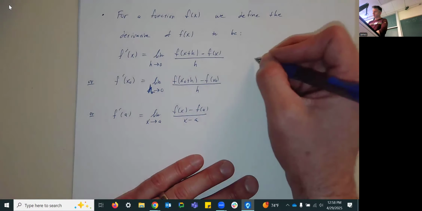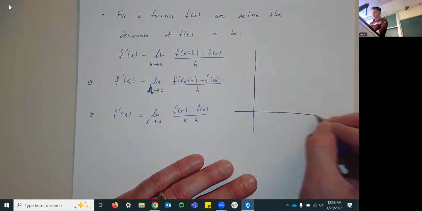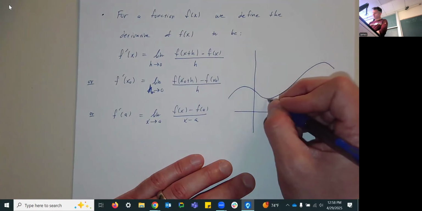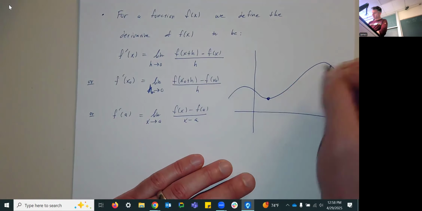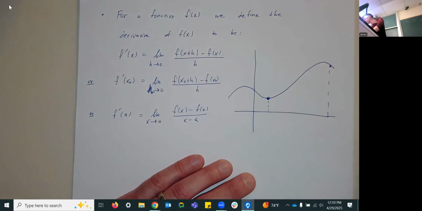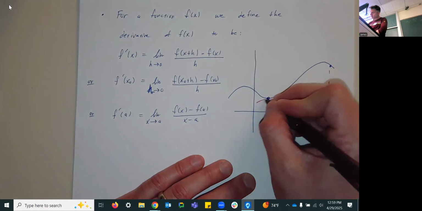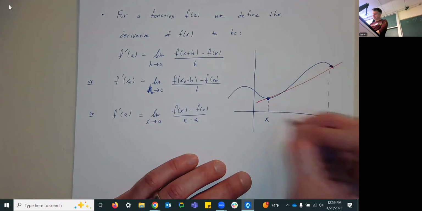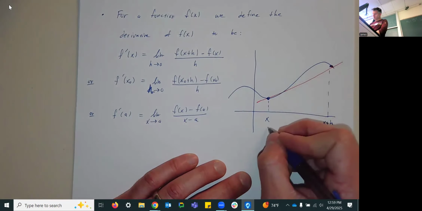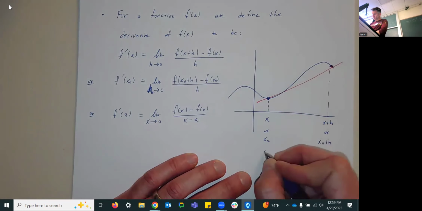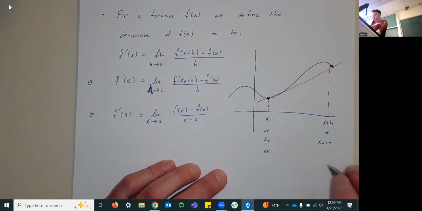The idea really still being in any one of these cases, you're finding, say, the slope of a secant line between 2 points, and you can label these points as x and x plus h, or x naught and x naught plus h, or, and this is where things get weird, a and x.